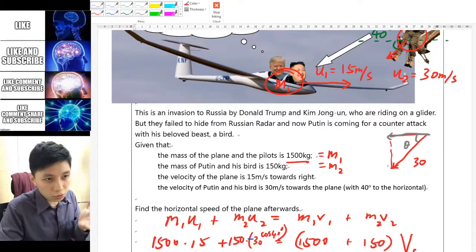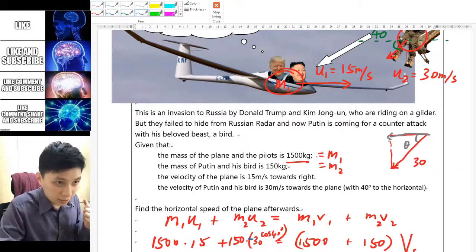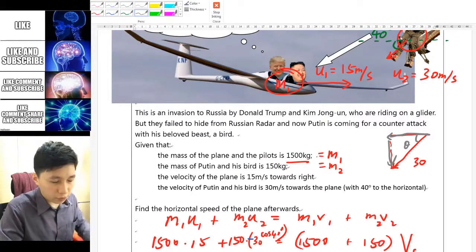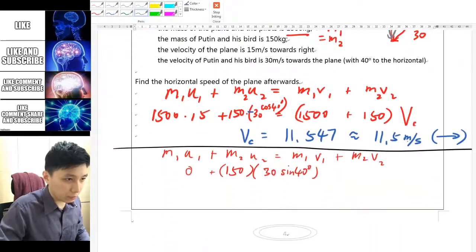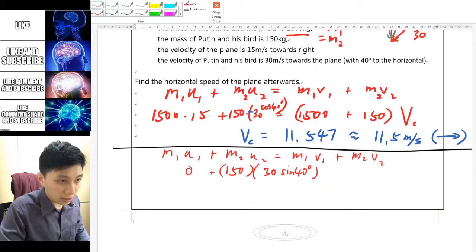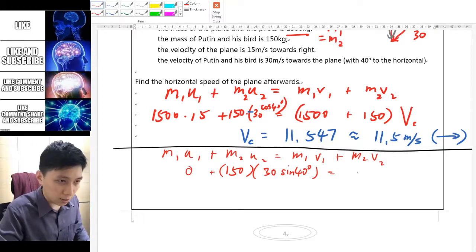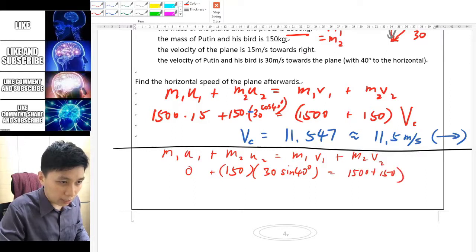Because you should be able to see that this y component, vertical component, should be sine 40. And then again, since they will be sticking together, no matter horizontally or vertically, it's still sticking together.